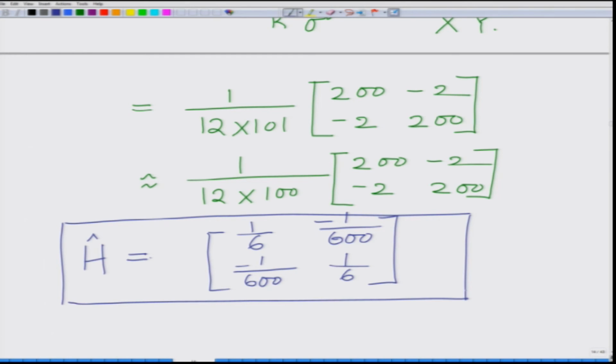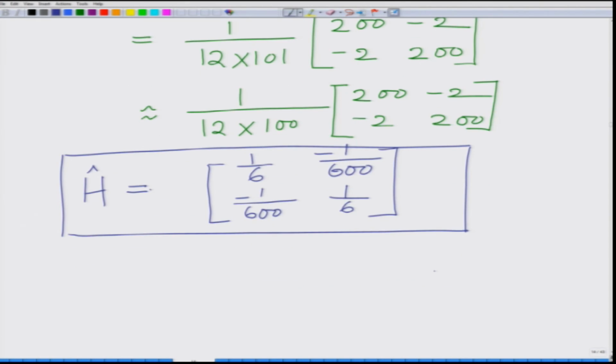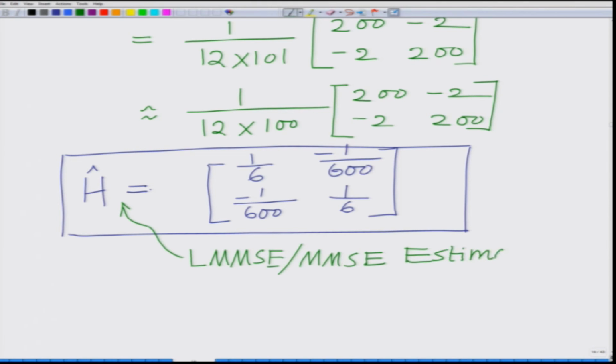In fact, we can write this as the LMMSE slash MMSE estimate of the MIMO channel matrix for the given problem.